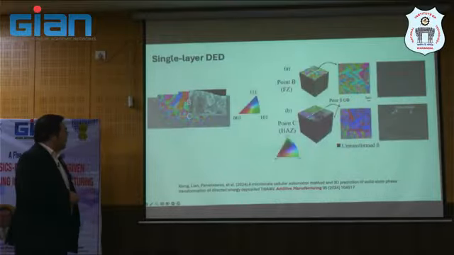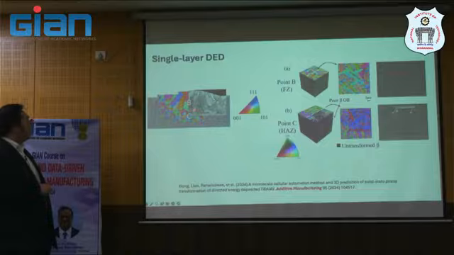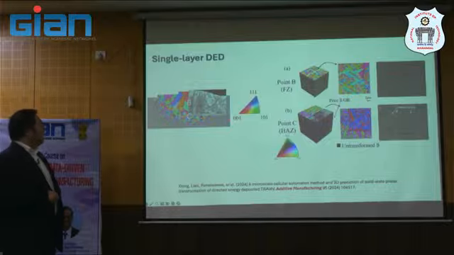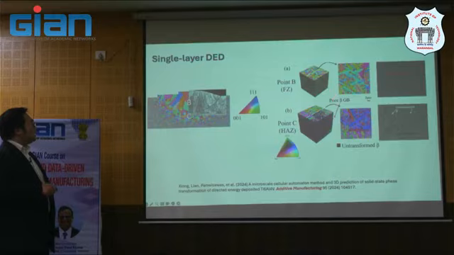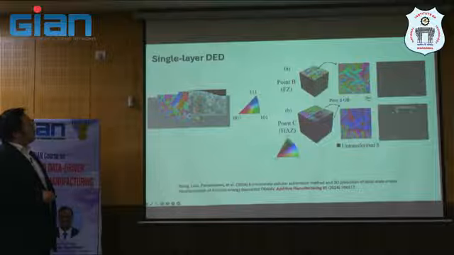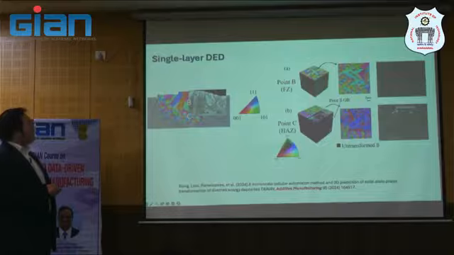So we have also done some detailed characterization and simulation on this as well, on the single track of titanium alloy, and try to understand the alpha beta formation. And then you will see that this is very detailed characterization and calculation.